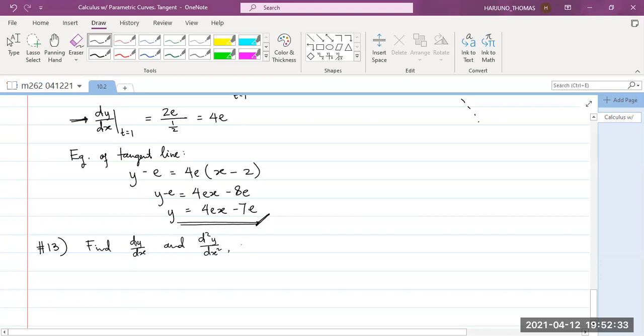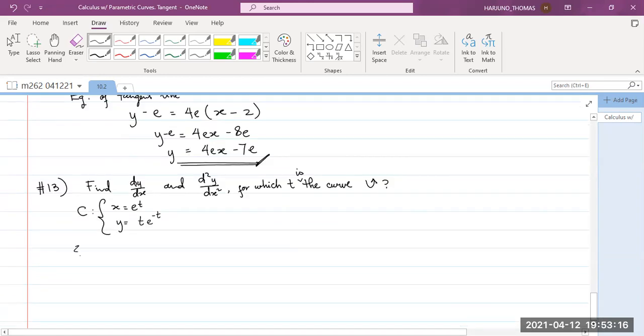And also for which t is the curve concave up, where our curve C is given by x equals e to the t and y equals t e to the negative t. Solution.